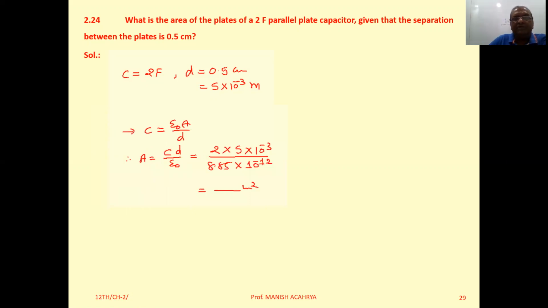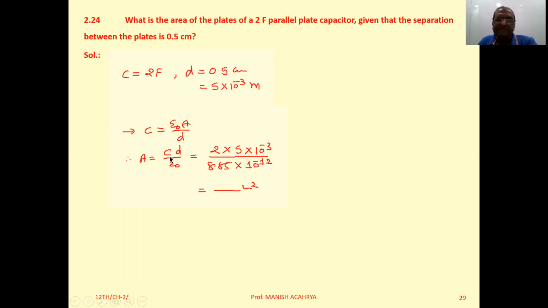Now we have the equation for the capacitance of a parallel plate capacitor, C equal to epsilon 0 A by D. We want the area of the plates. So make A the subject.